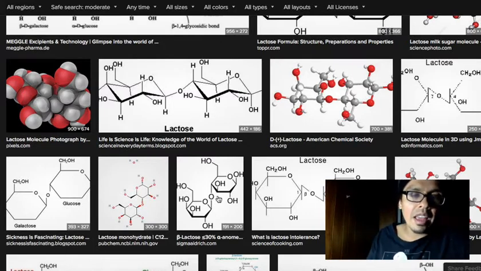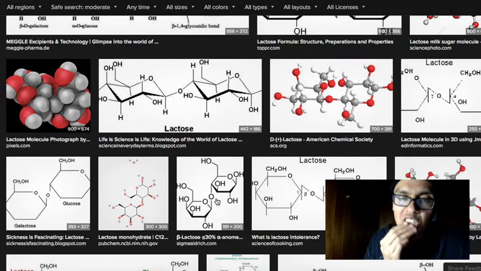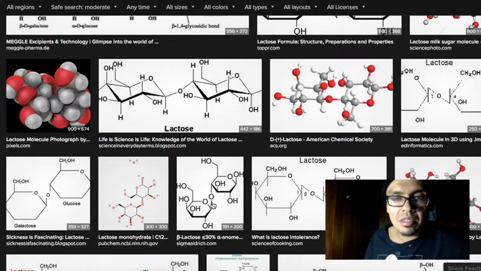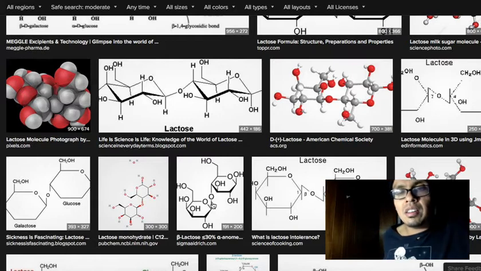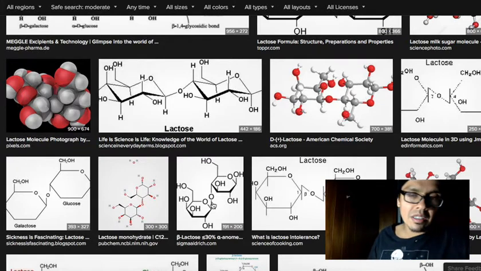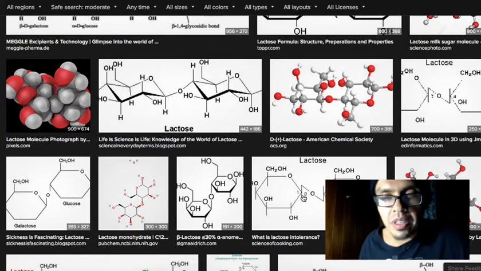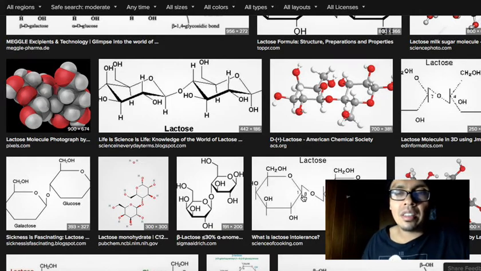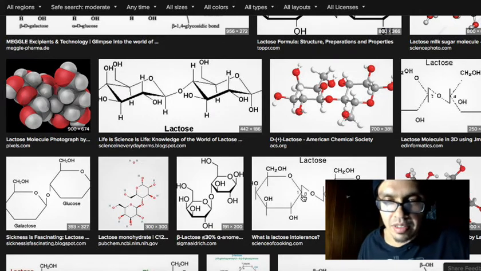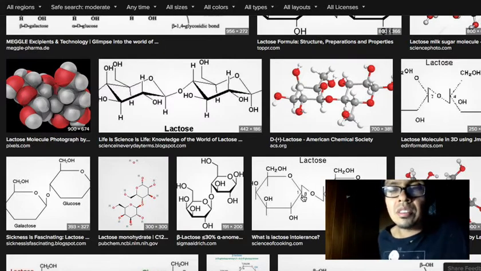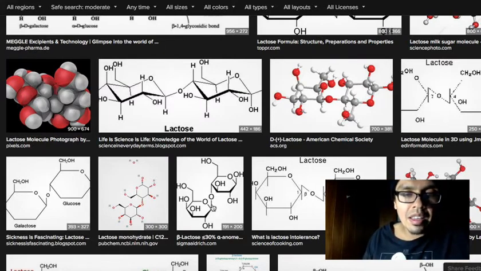In this particular case, because this OH faces down, the glucose can bond through an O-glycosidic bond, more specifically known as a 1,4 beta glycosidic bond. Sorry, I needed to clarify: it's the 1 carbon of glucose combined with the 4 carbon of galactose, and that's how this bond forms.